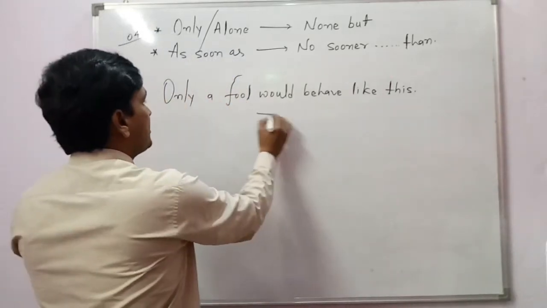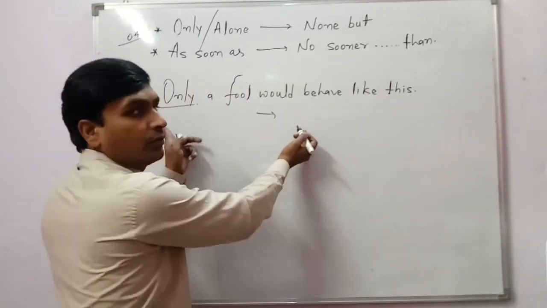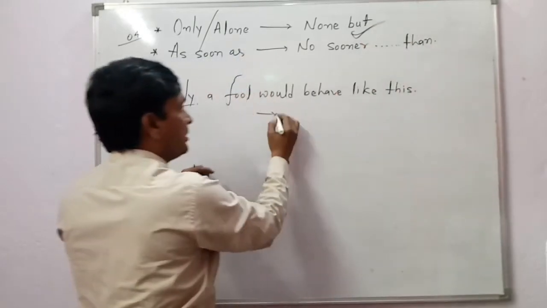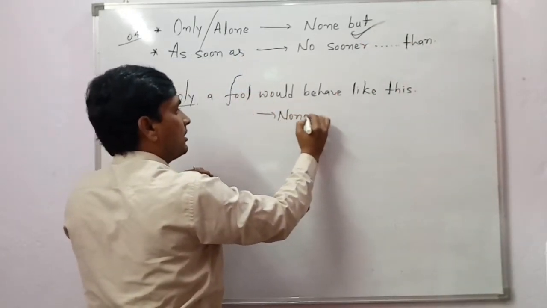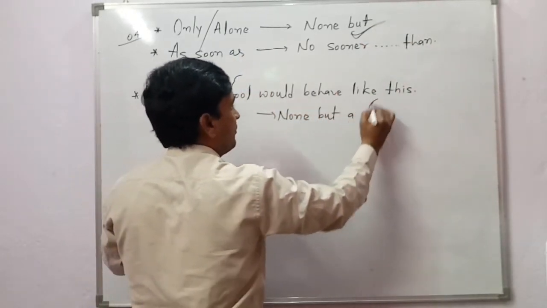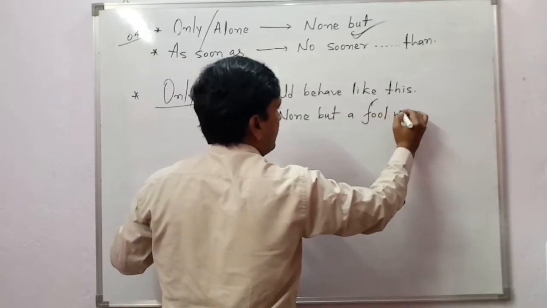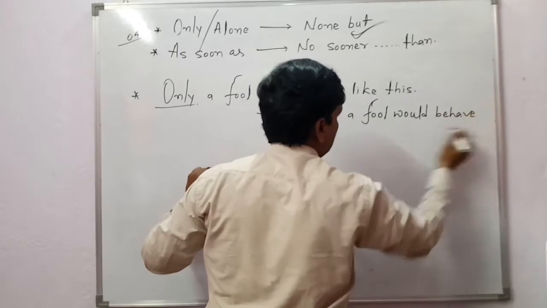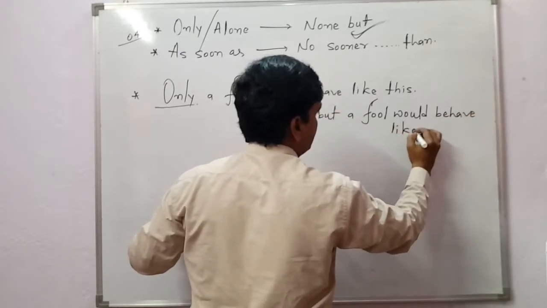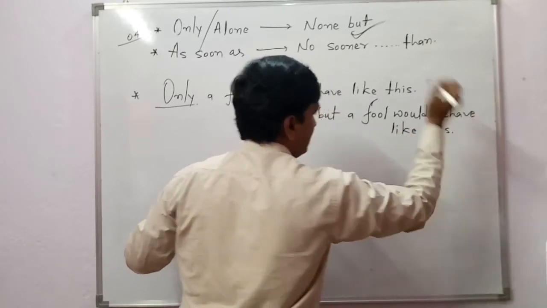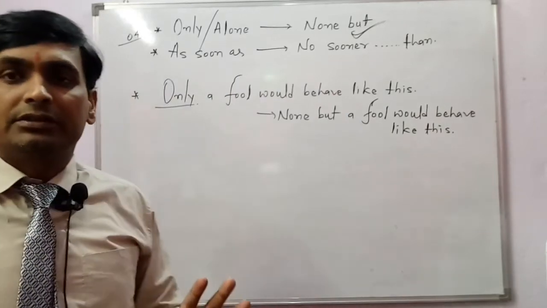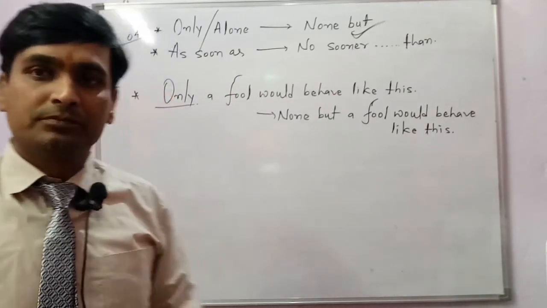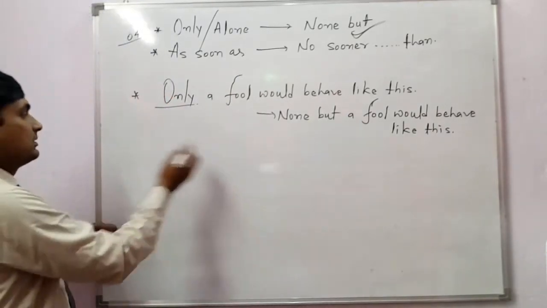So it will be changed into, at the place of only, what we have to write? None but. None but a fool would behave like this. Like this. Right, students? I hope you have got it. Okay. Let's take another example.